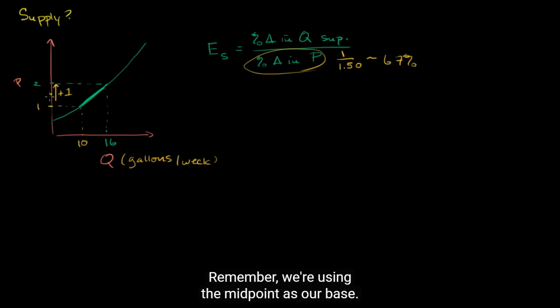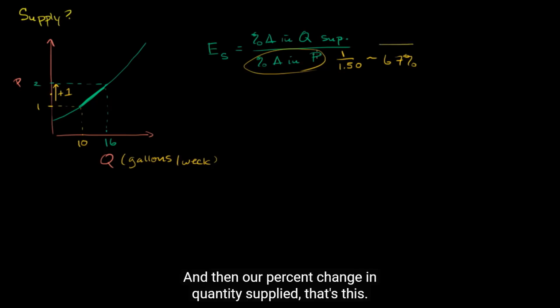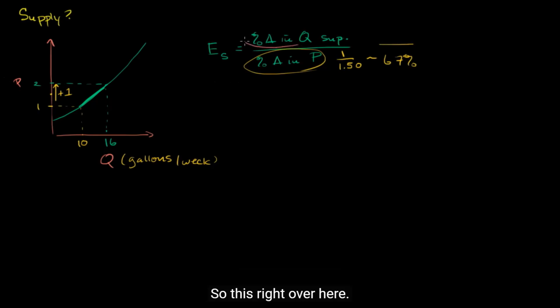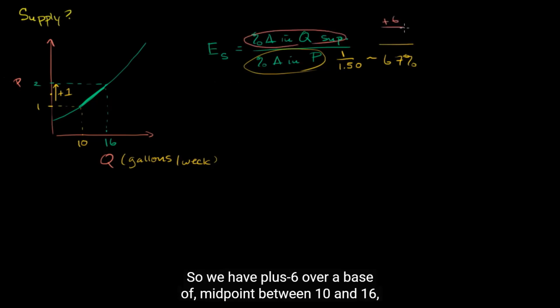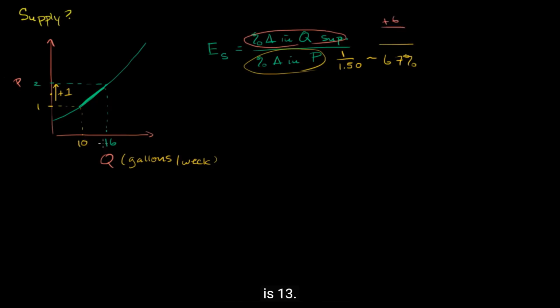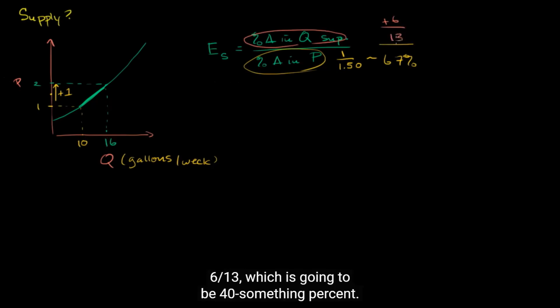Remember, we're using the midpoint as our base. And then our percent change in quantity supplied: we went from 10 to 16, so we had plus 6, over a base of, the midpoint between 10 and 16, which is 13. 10 plus 16 is 26, divided by 2 is 13. 6 over 13 is going to be 40-something percent.